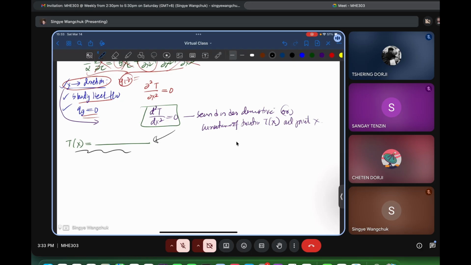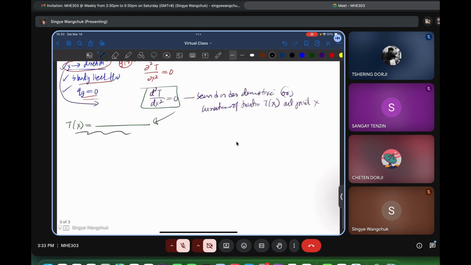To satisfy this, we have to get this kind of thing. What I am saying is, first I take dT/dx equal to C1, just taking any constant.